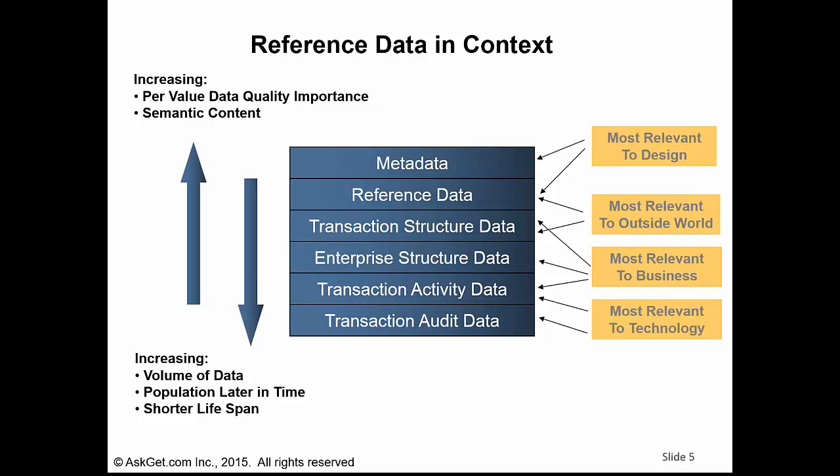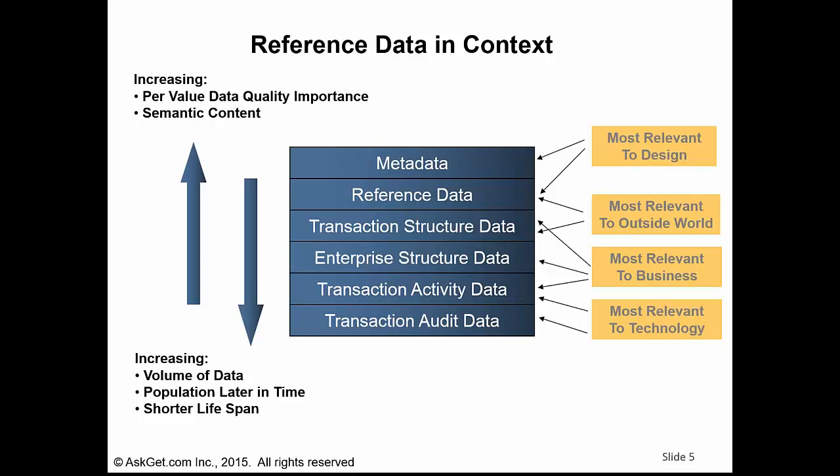Then we have transaction activity data, which is the traditional sales, employee actions, trades, etc., that the operational systems of the enterprise pump out every day. These have always been the focus of IT. They're the focus of the need for performance and for scale.